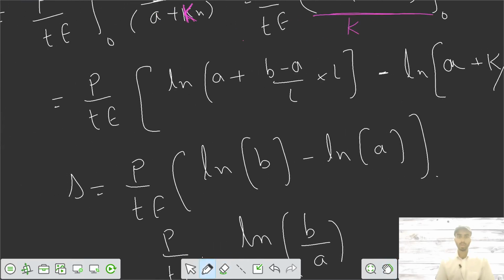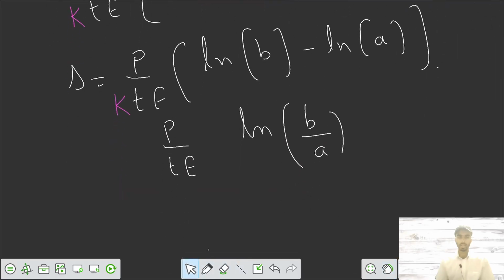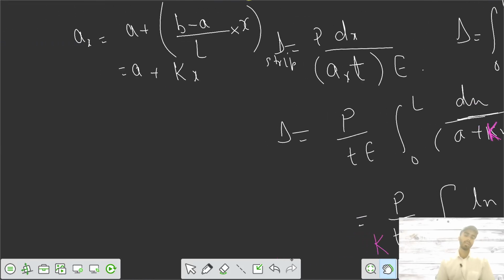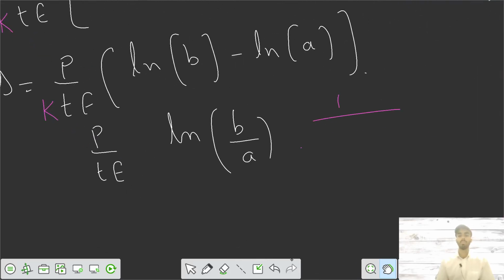So you have to have k here, k here, and k here. What is the value of k? The value of k was B minus A by L. B minus A by L. B minus A by L. This was the value of k.